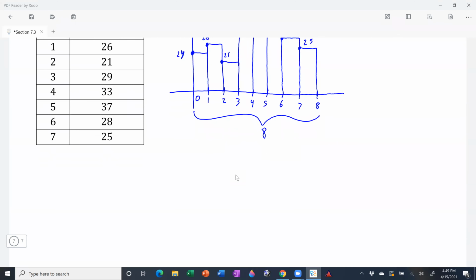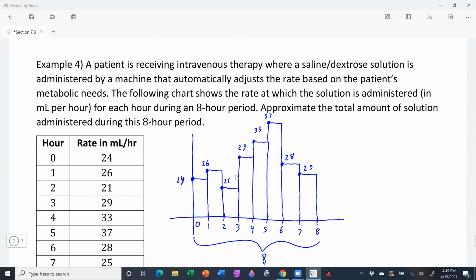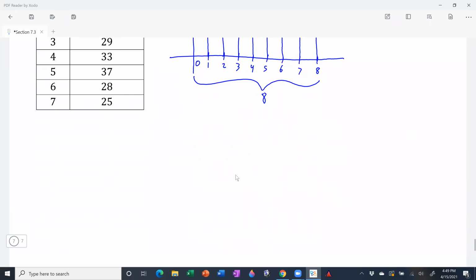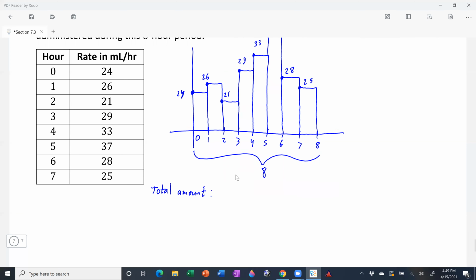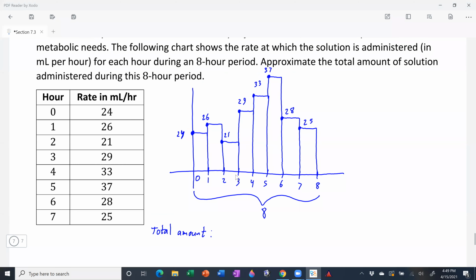Okay, so the total amount of solution, okay, it's just length times width. Note that the width of each rectangle is 1. So that was not too bad because every hour was given to us.